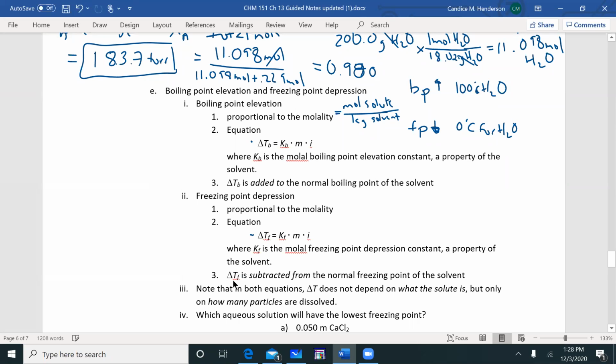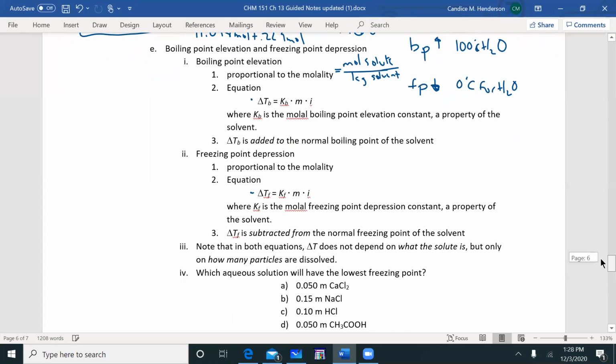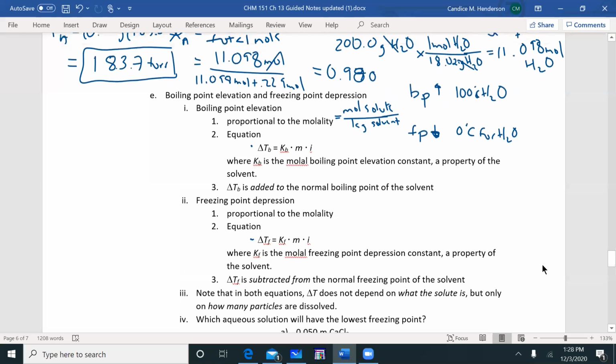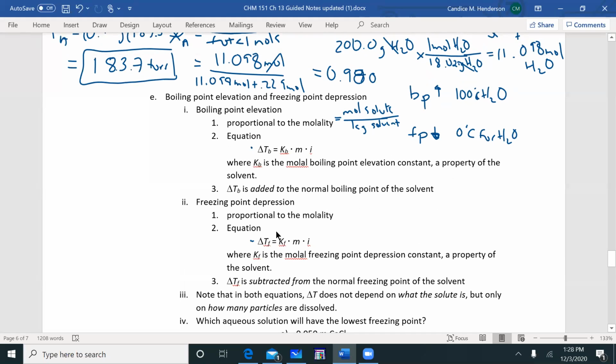The same thing is true for our change in temperature for freezing, but this you're going to subtract from the freezing point. So if our change in Tf ends up being, let's say also 3 degrees Celsius, we wouldn't be at 3 degrees Celsius for a freezing point. We would take 0 degrees Celsius and subtract to give us -3 degrees Celsius.